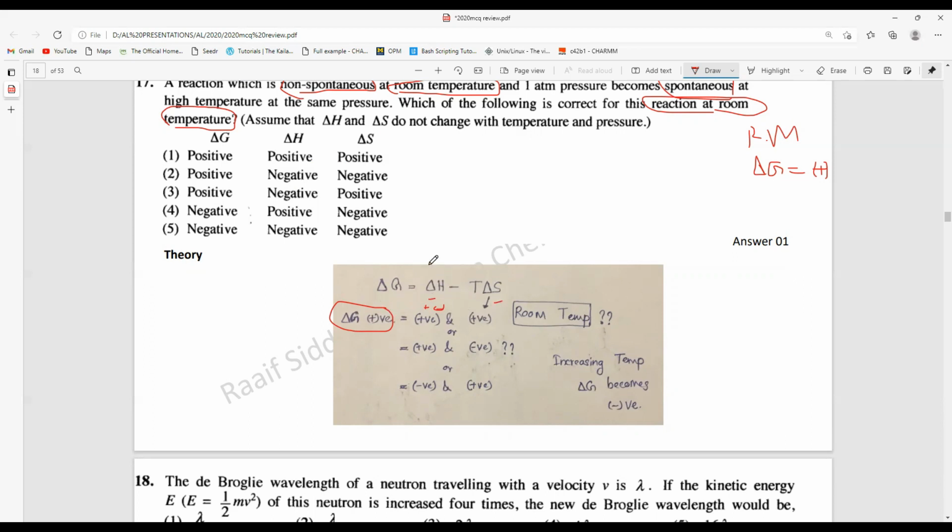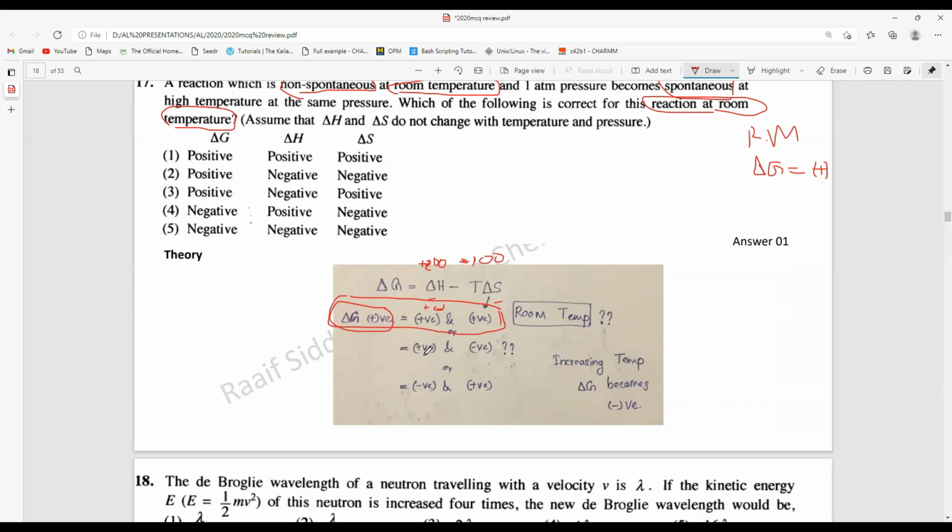For example, this would be positive 200, and since entropy is positive, this will be, let's say, minus 100. So the answer is plus 200 minus 100, which means plus 100, where our Gibbs free energy is plus 100. So this condition is possible.